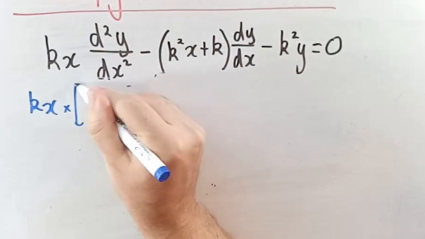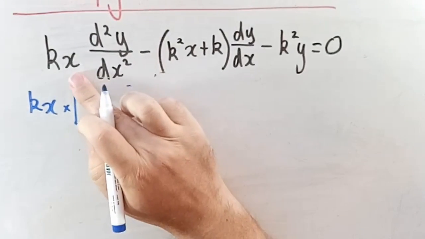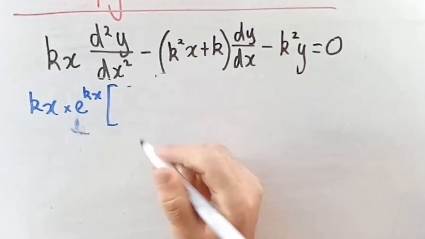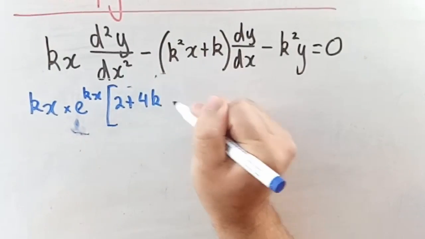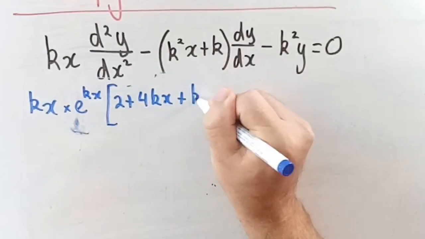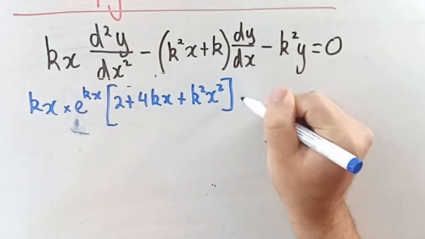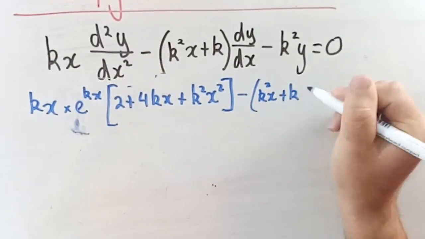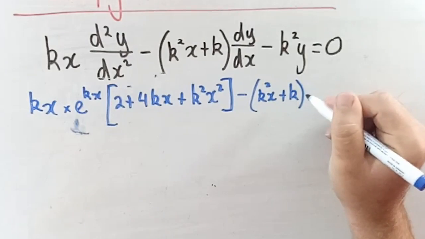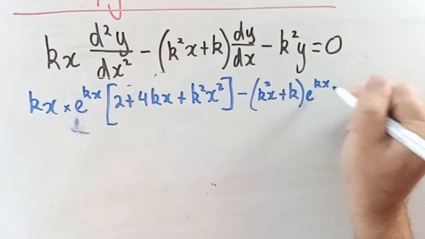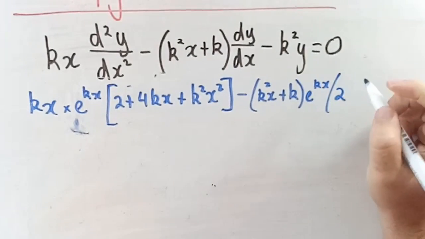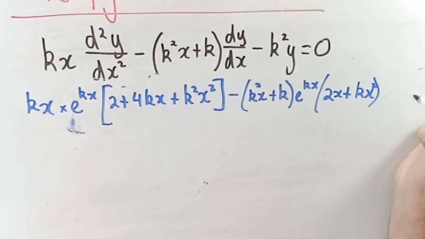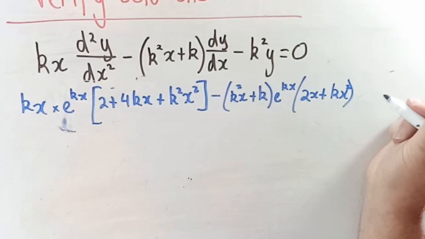The second derivative was e to the kx times 2 plus 4kx plus k squared x squared, minus k squared plus k times dy/dx, which is e to the kx of 2x plus kx squared. Yeah, I think I've got that right.